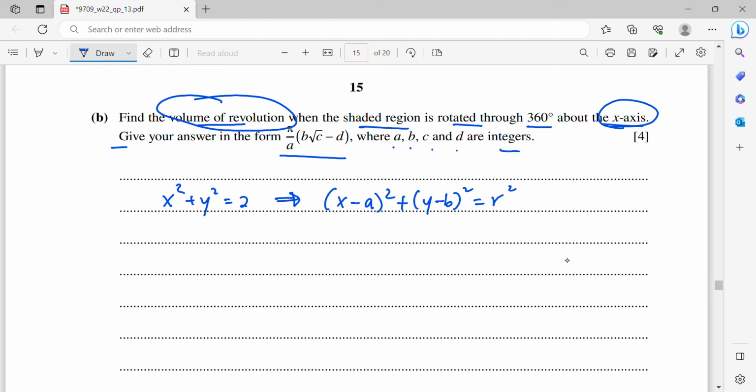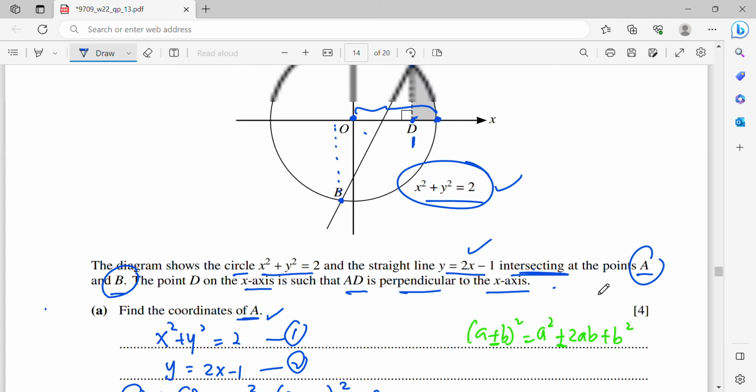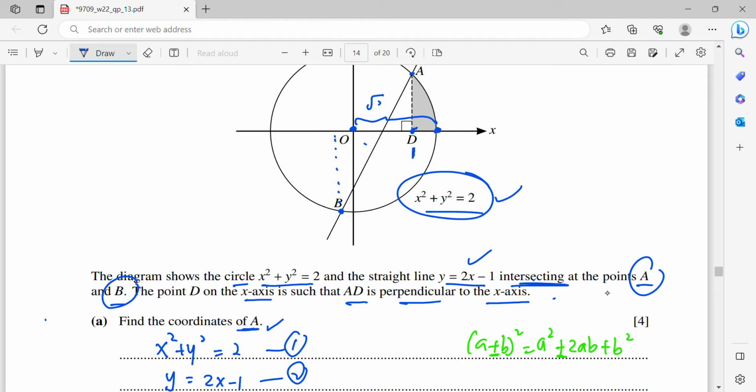So obviously this is x squared plus y squared equals the square of square root 2. Radius of the circle is square root 2, because 2 is the r squared. So now from here, I know that here is square root 2. So if here is square root 2, which means this point is going to be square root 2.